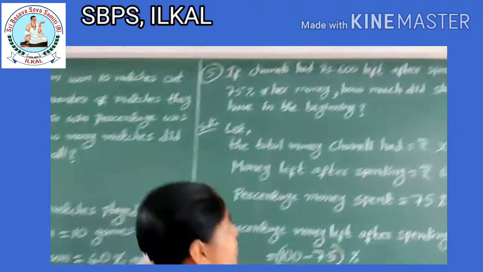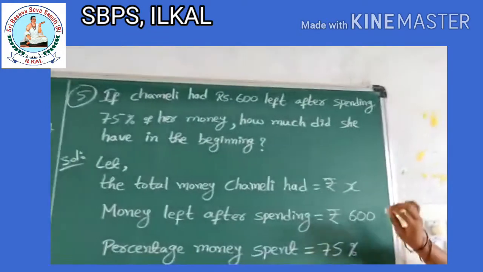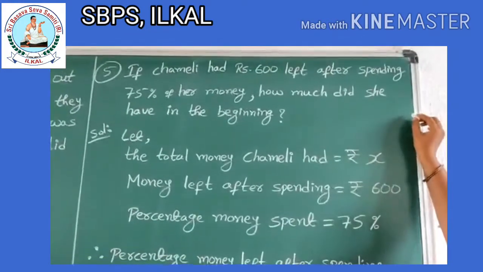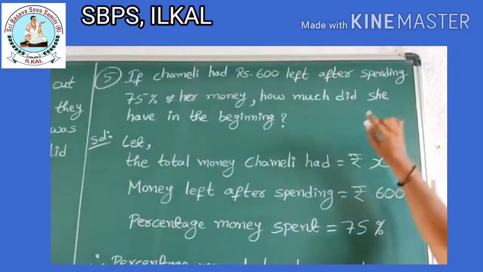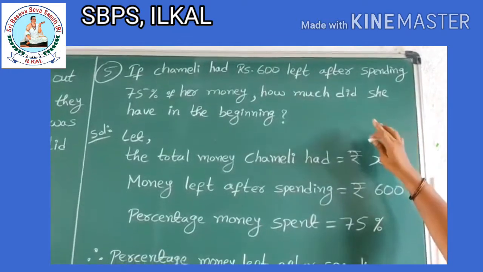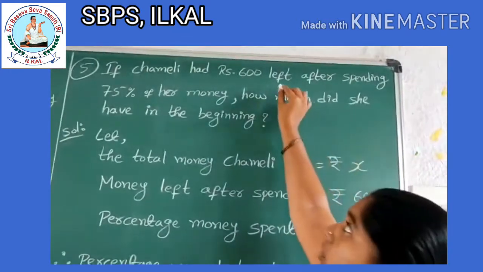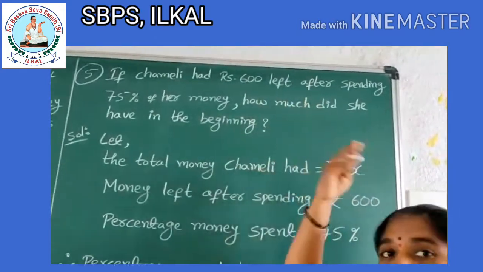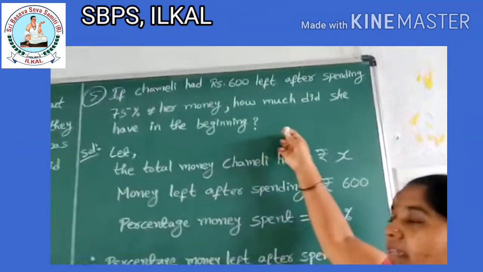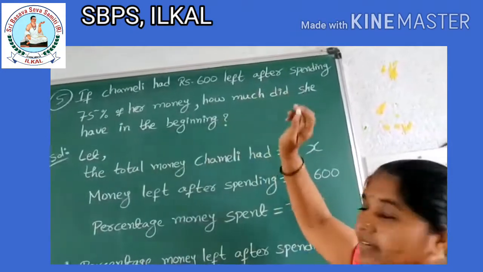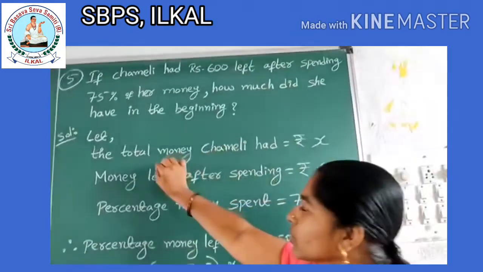Next question. If Chameli had rupees 600 left after spending 75% of her money, how much did she have in the beginning? Children, this much only is left with her after spending 75% of the money, which means only 25% is 600 here. Solution.